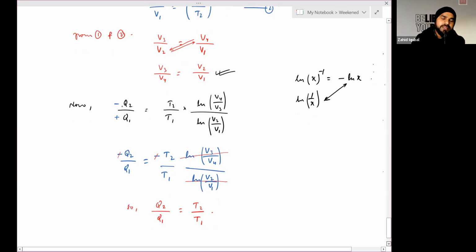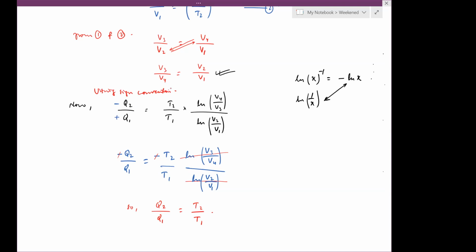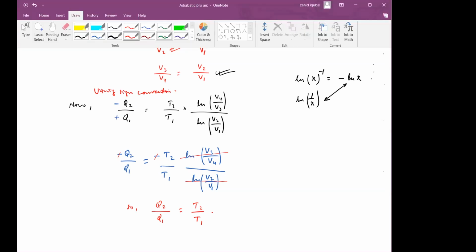Since in this part Q2 is ejected out from the system, it will be taken as negative, and Q1 supplied to the system will be taken as positive. So using the sign convention, I'm taking this. Is it clear? Yes, sir. Okay, just write it down.